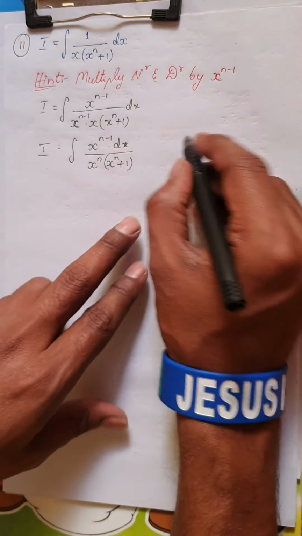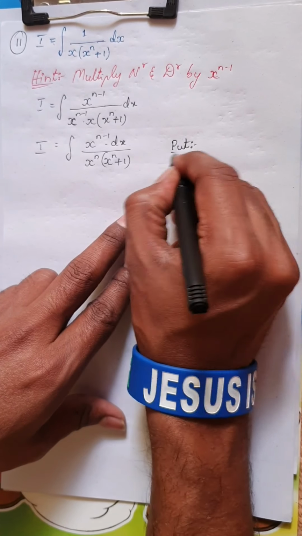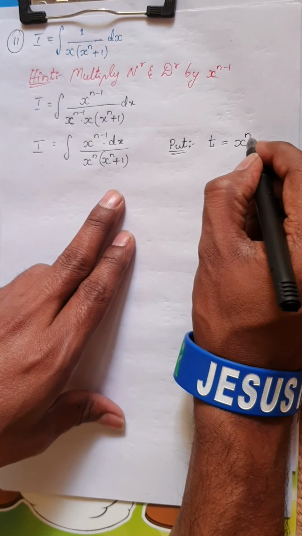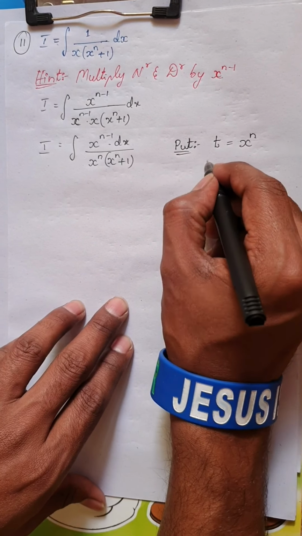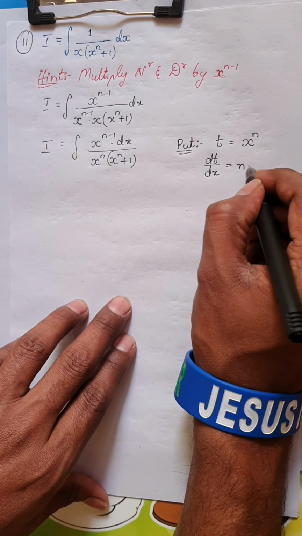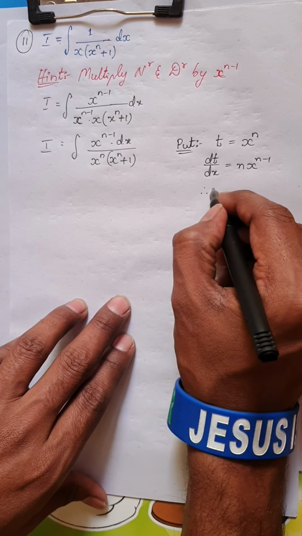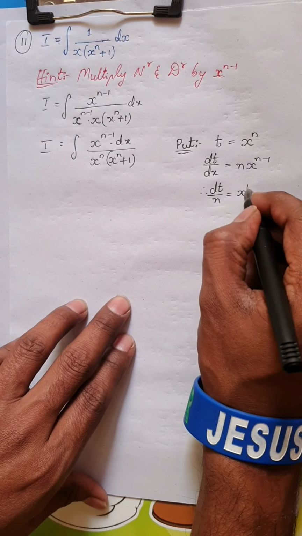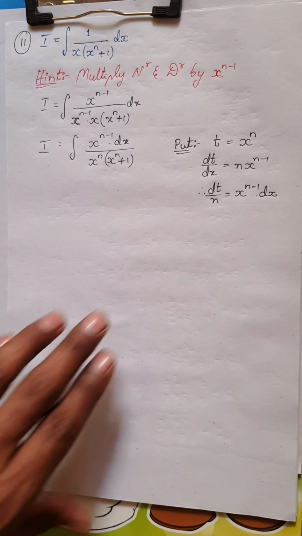Now we are going to substitute. I am going to put t is equal to x power n. Differentiating with respect to x, dt by dx would be n into x power n minus 1. So dt by n is nothing but x power n minus 1 into dx, is it not?